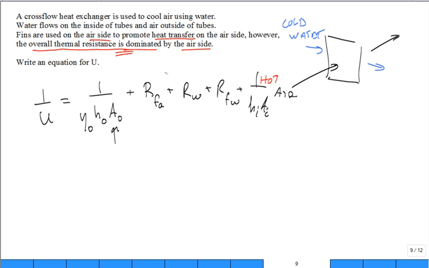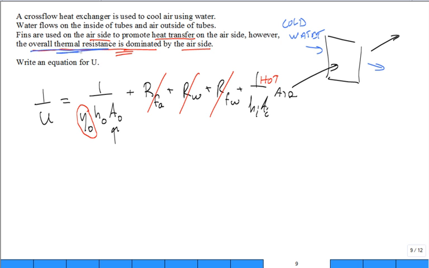Now, what do you think about the fouling? They didn't give us any information about it, so you would neglect it. What about the wall resistance? The wall, through the tubes. No, and the conduction through the fin material is actually embedded in the effectiveness of the fin surface. So now also it says right here, what is this key thing?